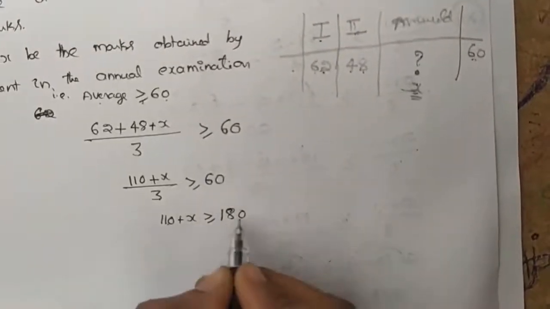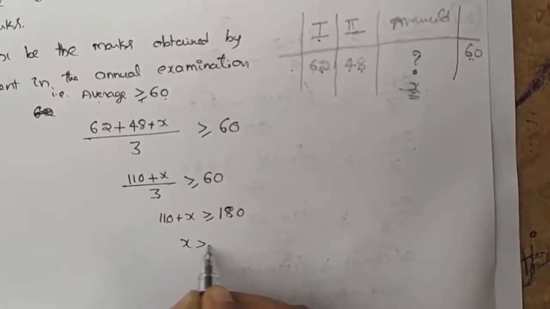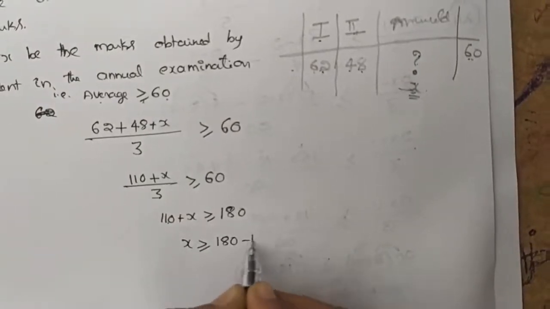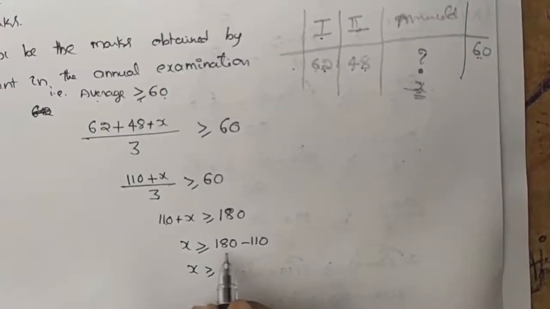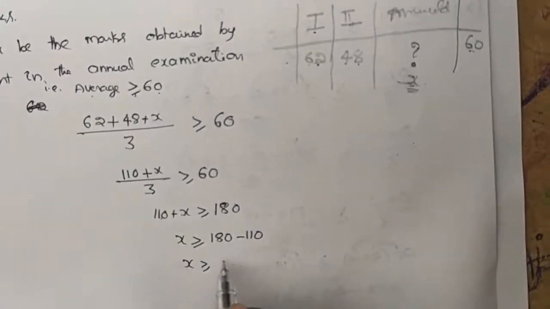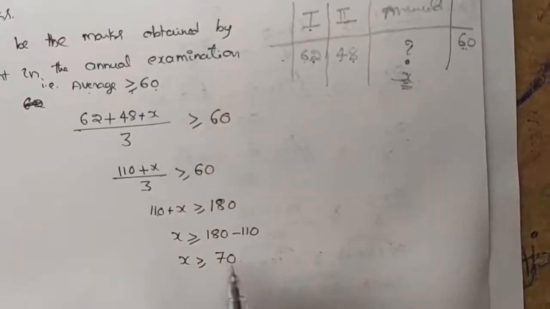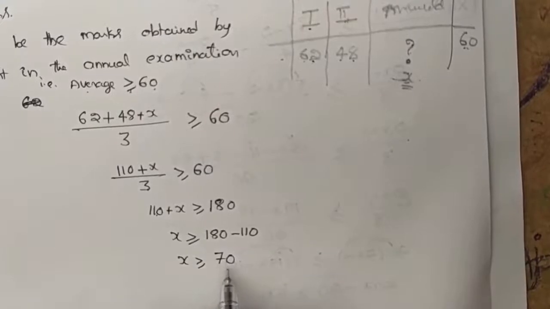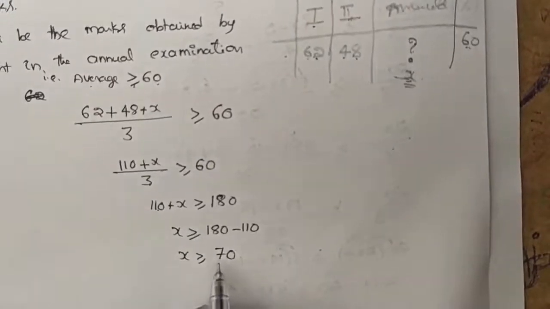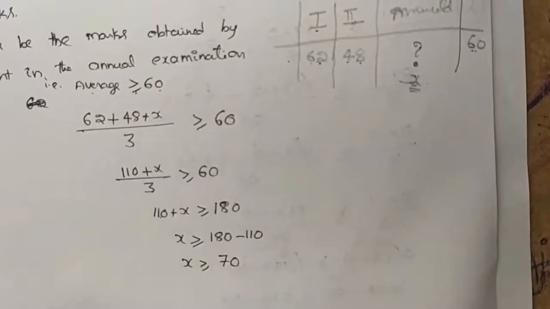Now send this 110 to the right: x is greater than or equals to 180 minus 110, which is 70. We found that he has to score a minimum of 70 marks.